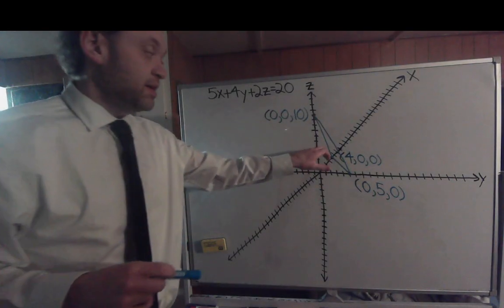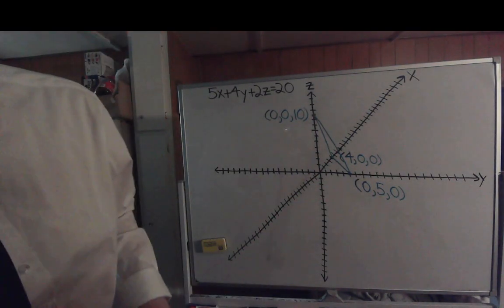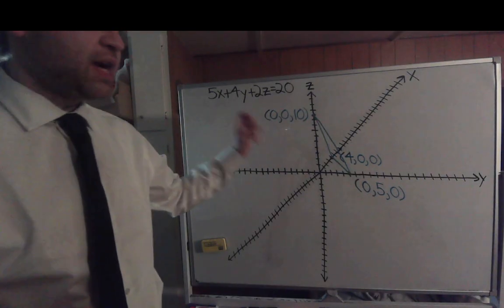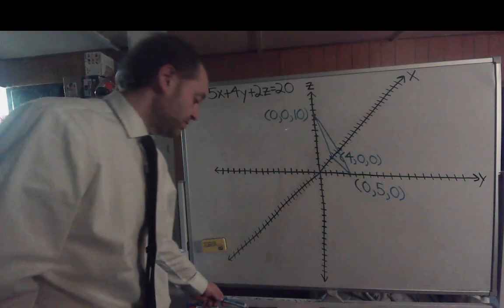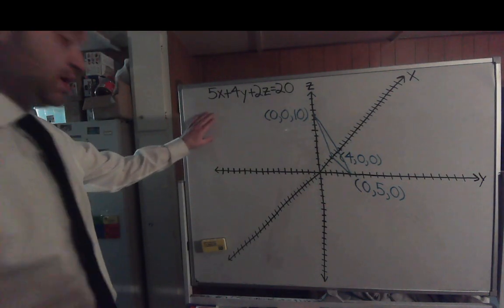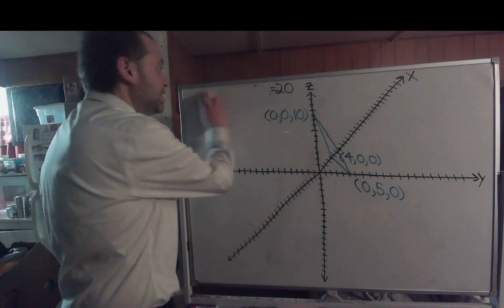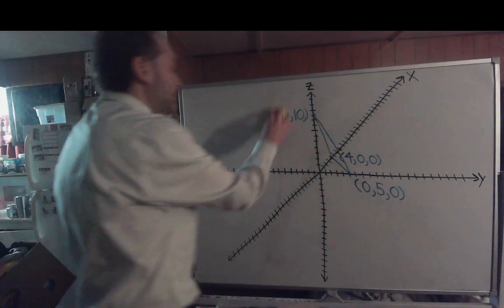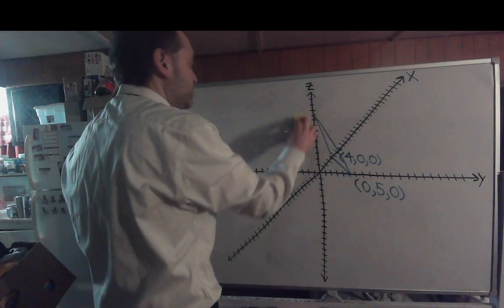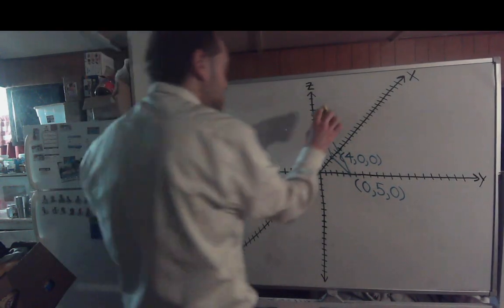You get another triangular plane when you connect your x, y, and z intercepts together. That's what an equation in 3 variables is doing. It's creating a triangular plane. Very seldom do you actually just get a line in space.